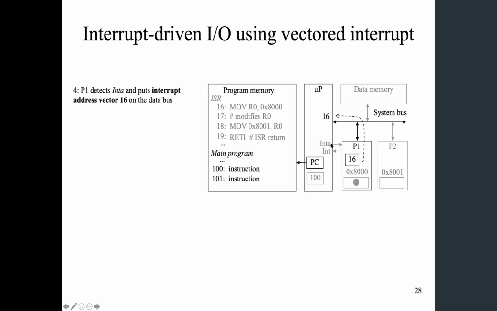This value cannot go on these two wires because there's no way you can transfer the value 16 using these two wires. So this is actually a value that will go through the system bus, through the data bus. It goes into the microprocessor. And of course, this 16 is not a universal value here. Depending on the microprocessor, you may have other different values, 20, 32. So this is just an example here.